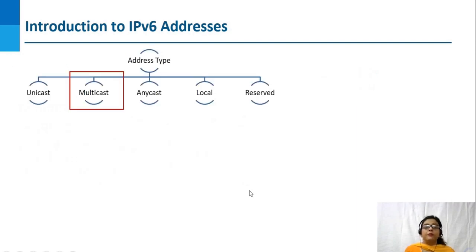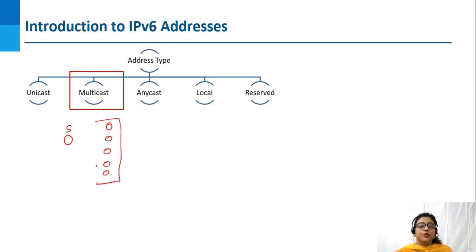Next we have multicast addressing. In multicast addressing there is a single source and there is a group of recipients. This group is understood by the group address.